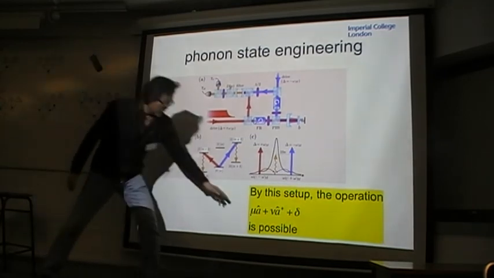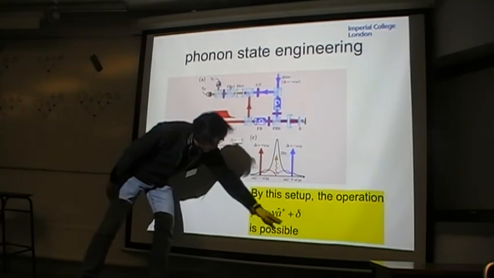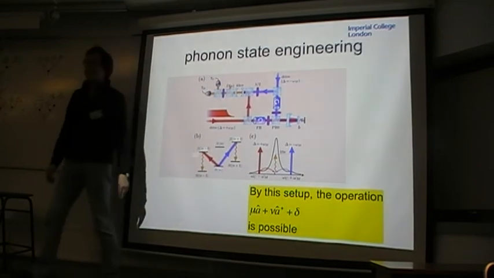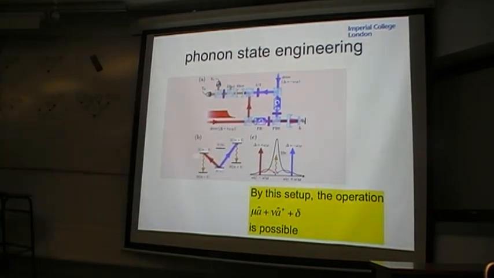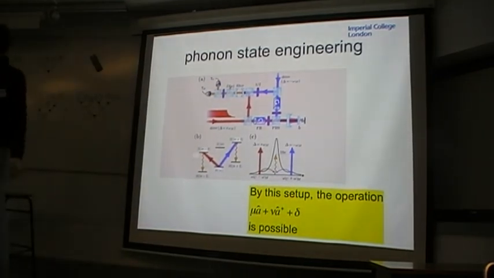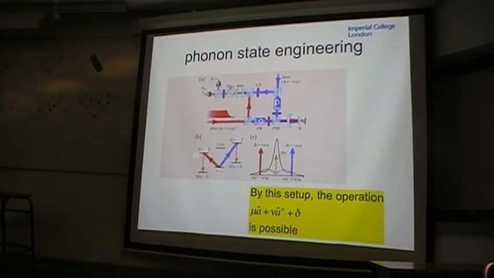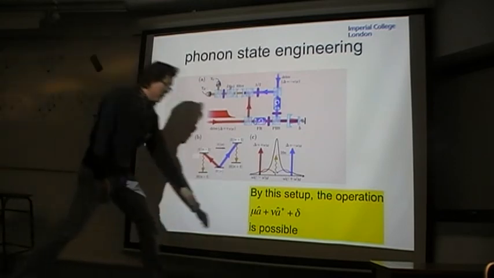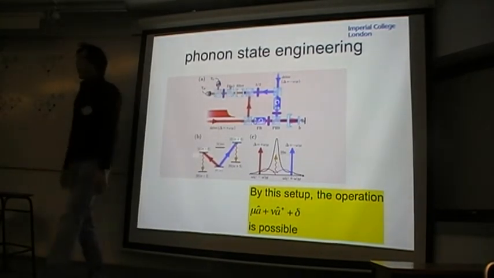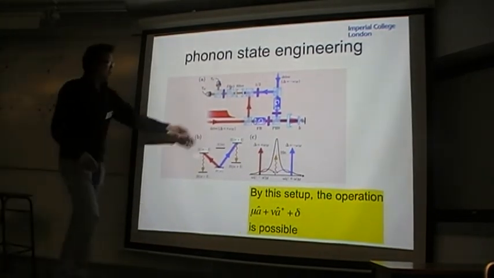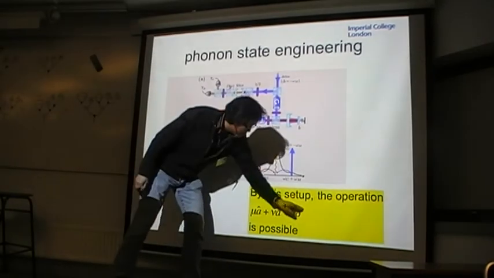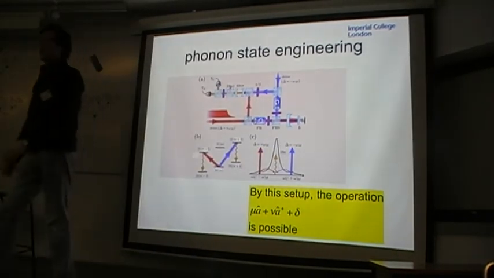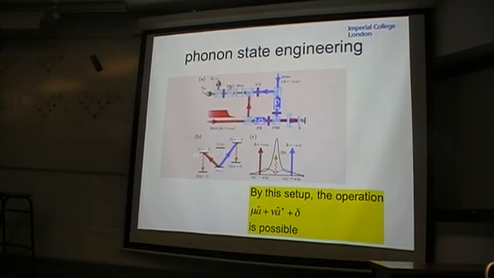So the operation itself goes into a superposition of the A operation or the B operation, because I used the B operator for the mechanical oscillator. And then we can also add a unit operator, which means that nothing has happened. So that's the thing.